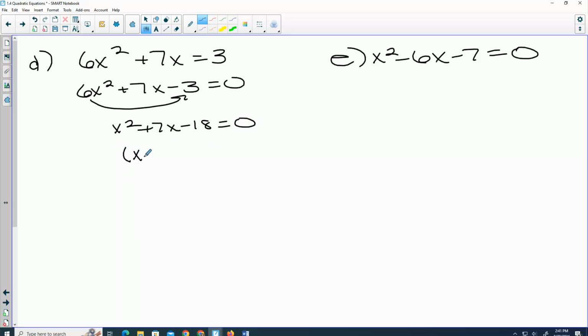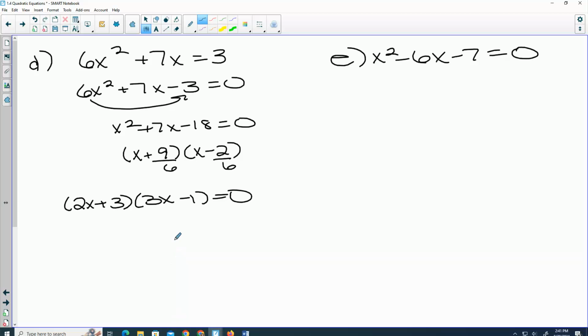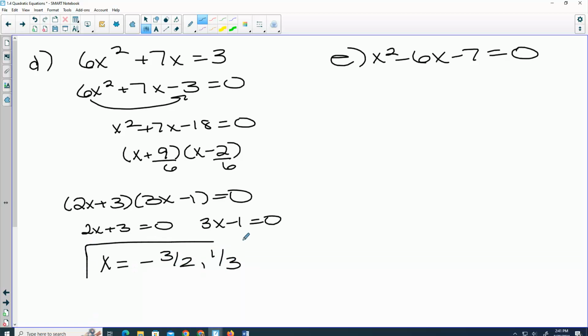So then that's x plus 9, x minus 2. Divide by 6. You get 2x plus 3, 3x minus 1 equals 0. So then if we set those both to 0 and solve, we get negative 3 halves. You guys all know how to check it. You just plug them back in and see if it works.